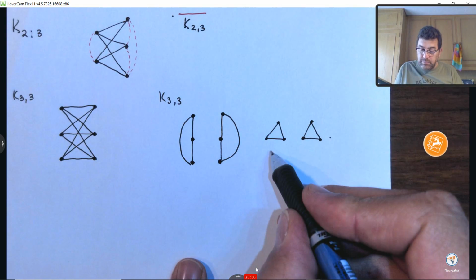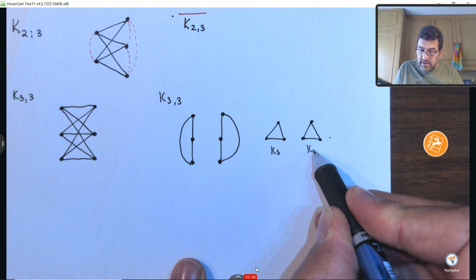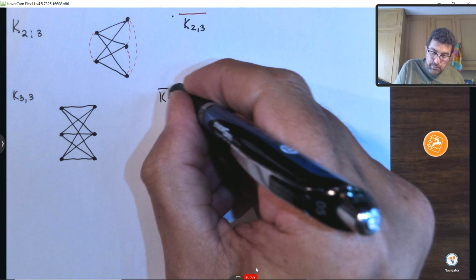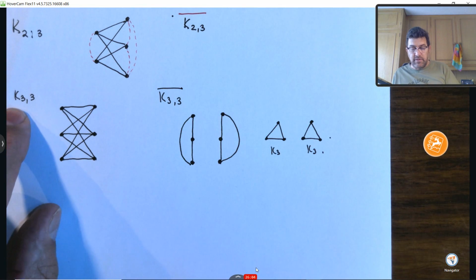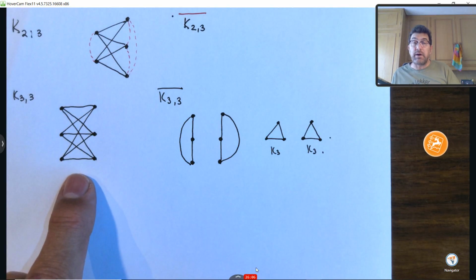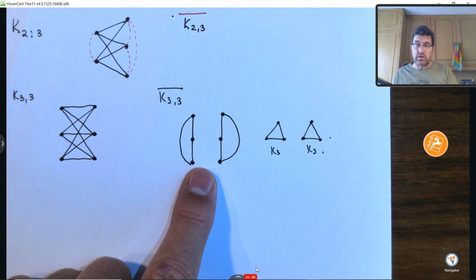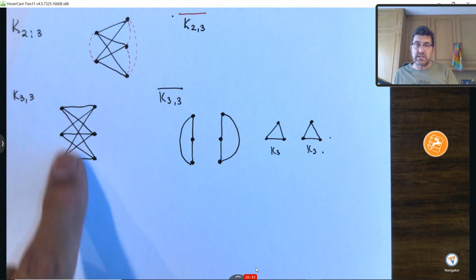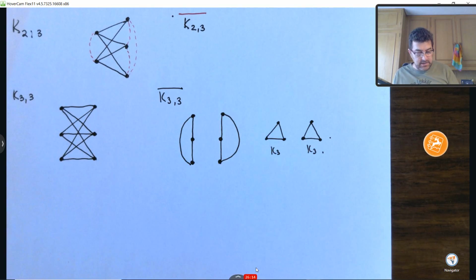Okay, so this will be K3 and K3. The complement of the complete bipartite graph would look like this, where the lines that are not in here, connecting vertices, are in its complement. Okay, folks, that takes care of bipartite graphs.